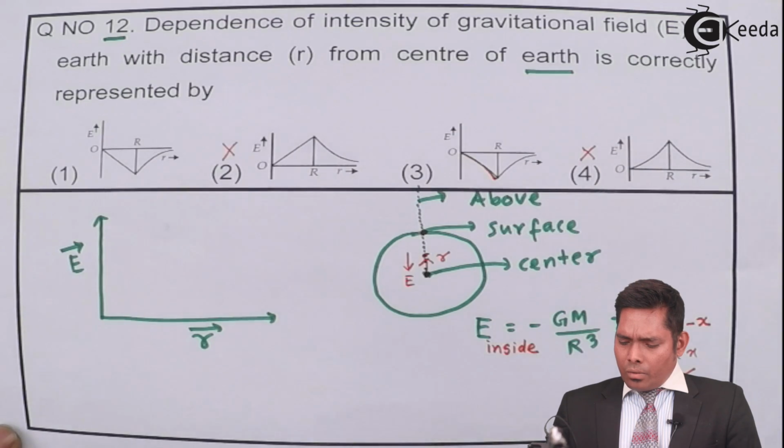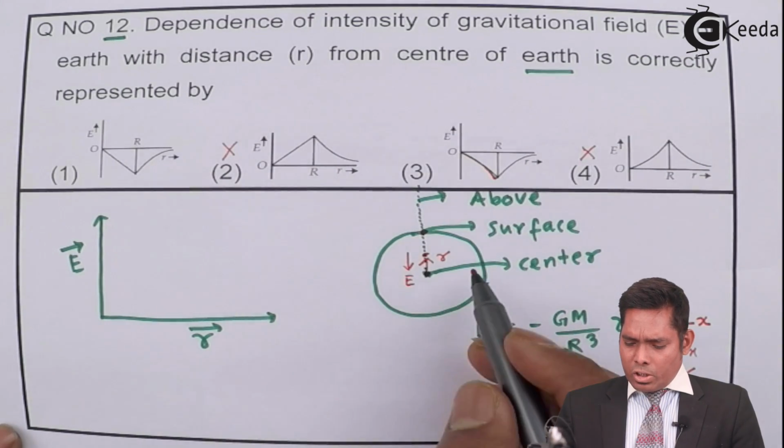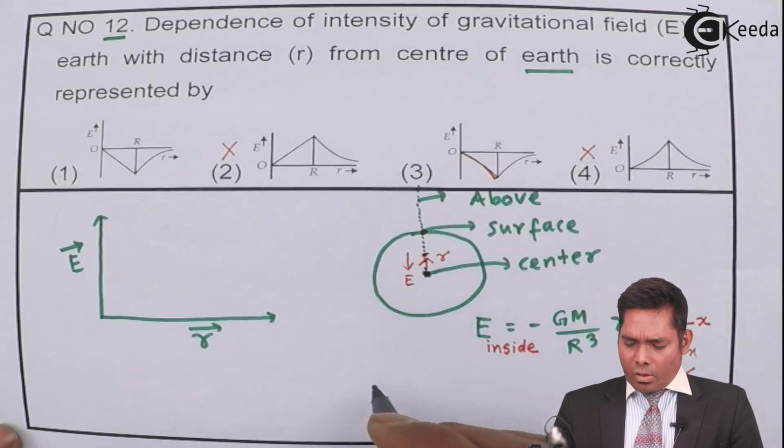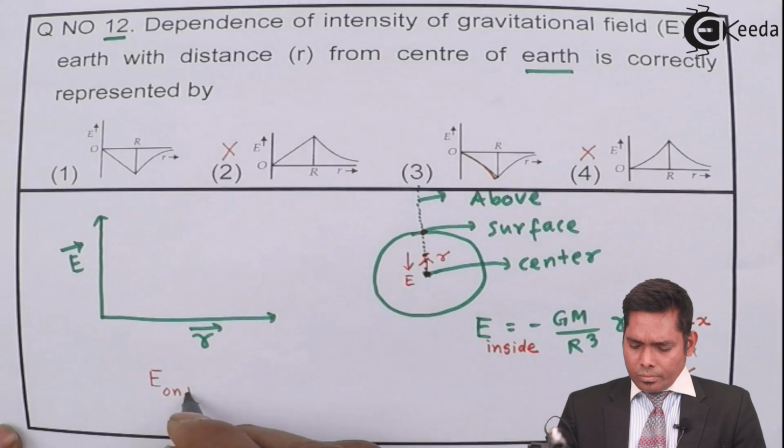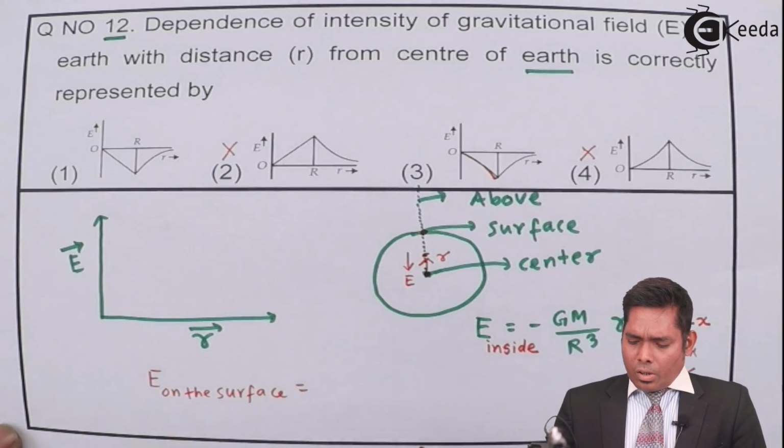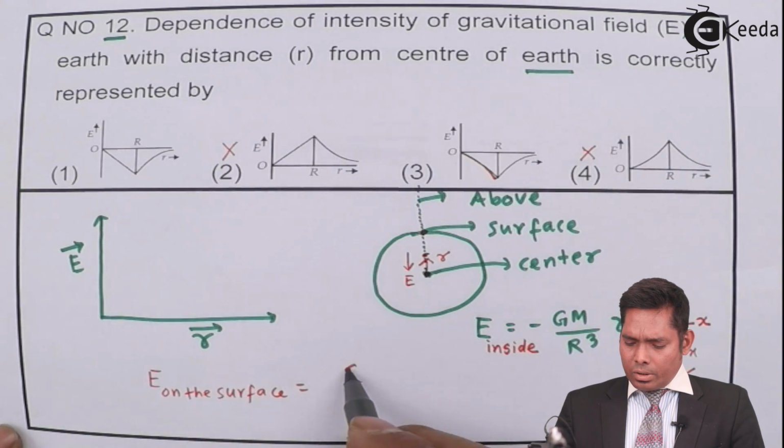And what about any point which is on the surface? For E on the surface, the formula is GM upon R squared.